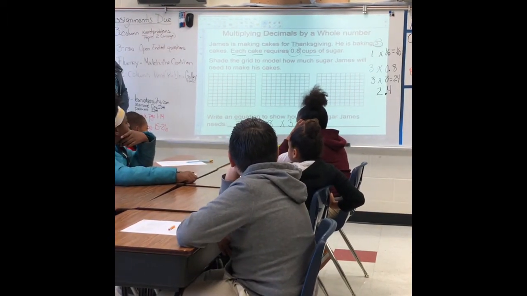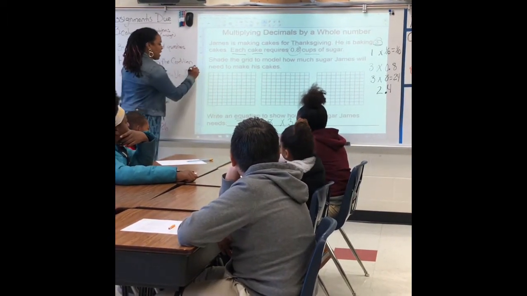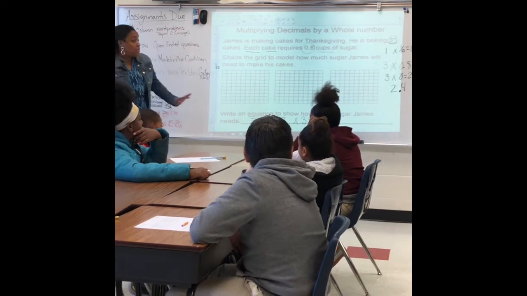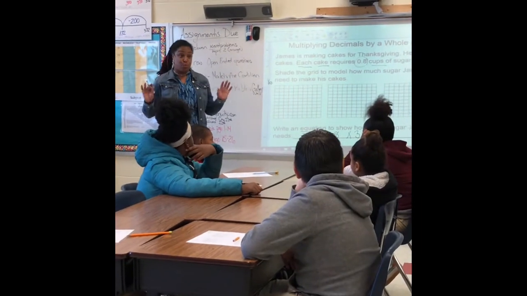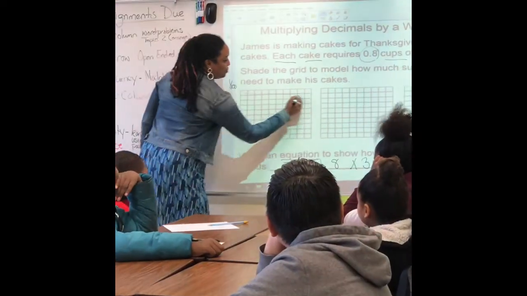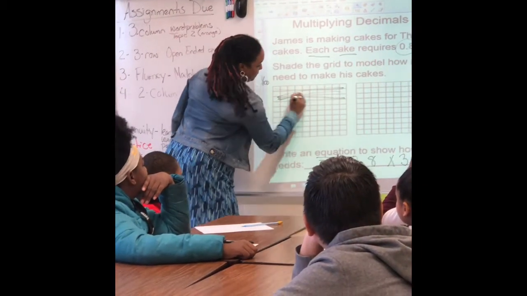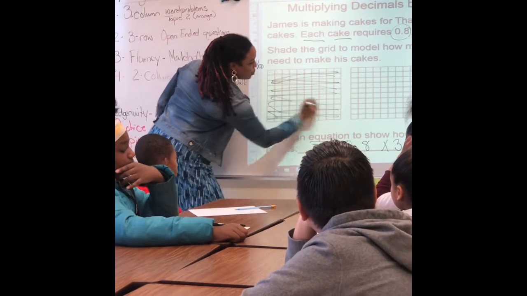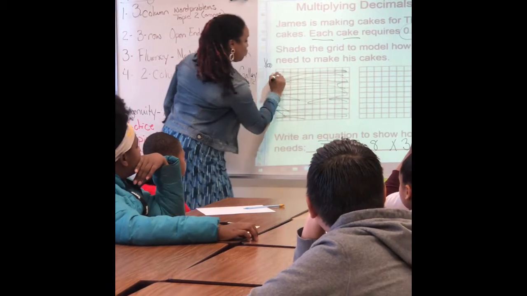2 and 4/10. If I'm noticing correctly, these are hundredths grids. Okay? So I can take care of the 2 real quick. I'm going to shade in the whole thing. That's 1.